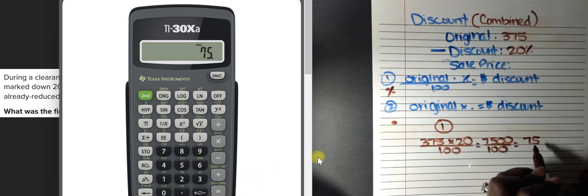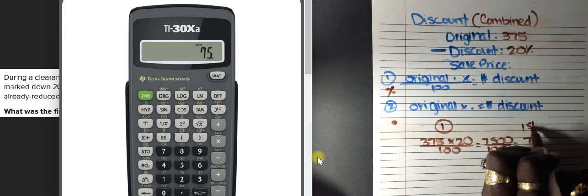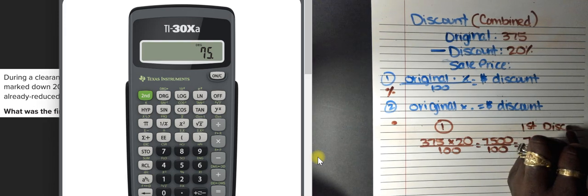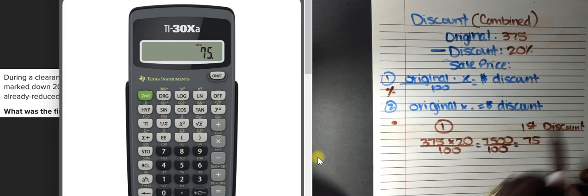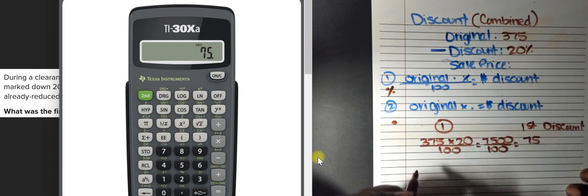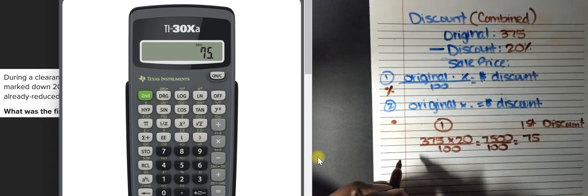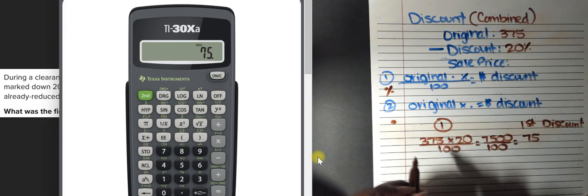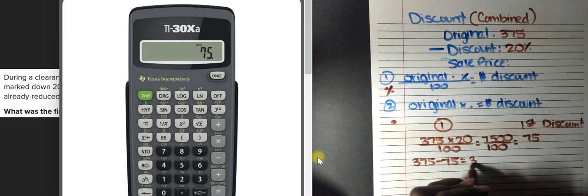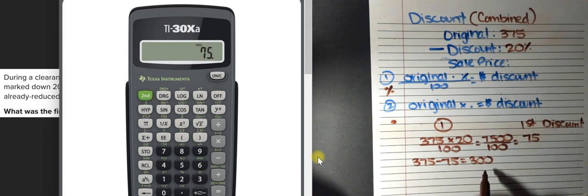So this is my first discount. Now, the second discount is going to happen after we find out how much we would have paid at this point. So far, it's going to be the $375 minus the 75, which gives me $300 that needs to be paid.